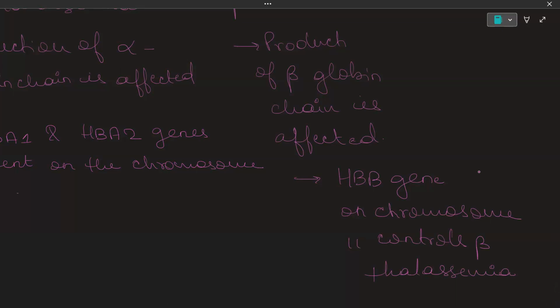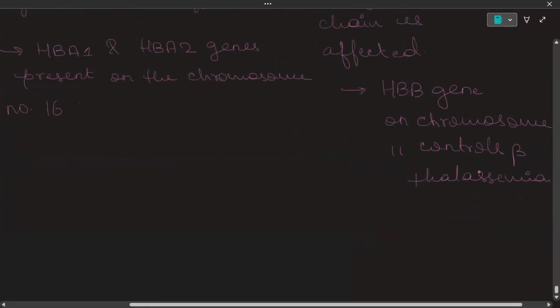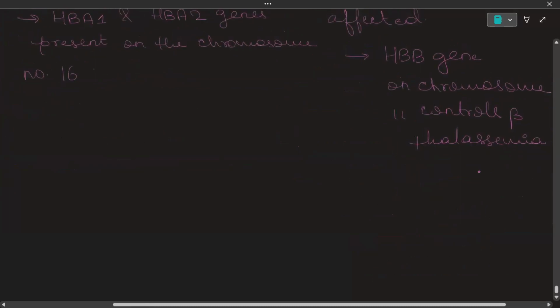So the question can arise: what is the difference between thalassemia and sickle cell anemia? The answer can be that thalassemia is a quantitative problem where very little globin molecules are synthesized, whereas sickle cell anemia is a qualitative problem where incorrect globin functioning is happening. So one disease is quantitative and one is qualitative.